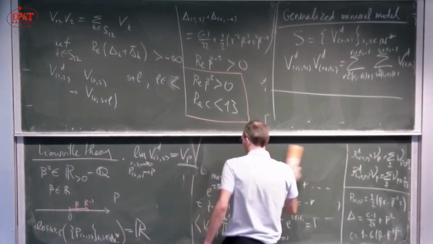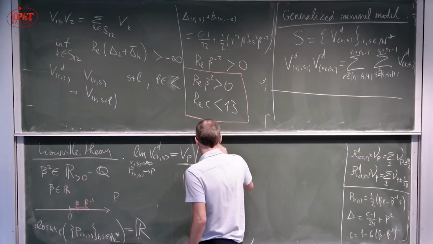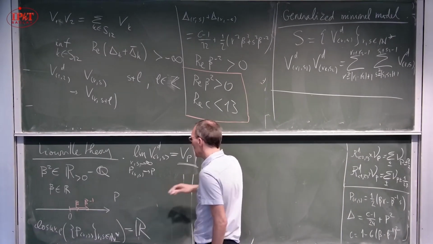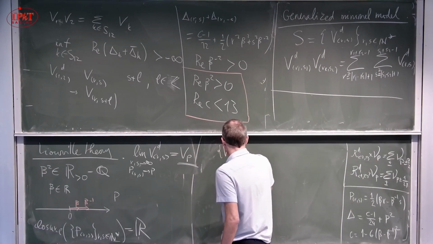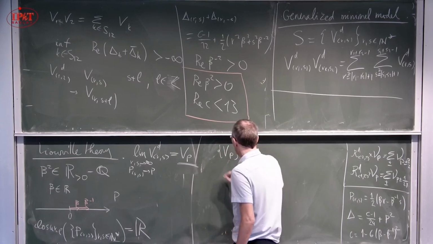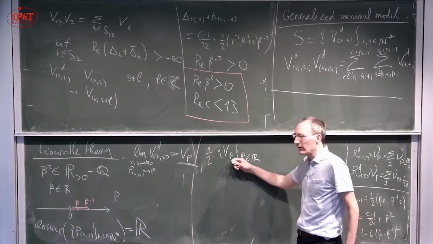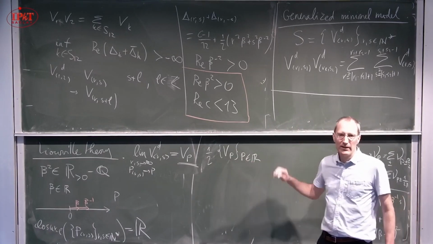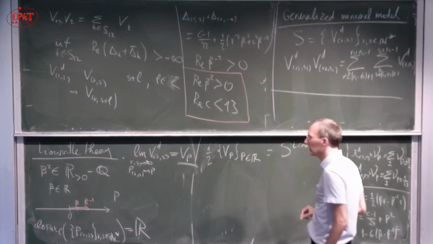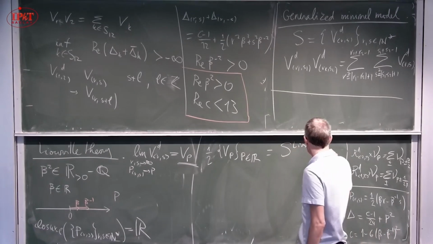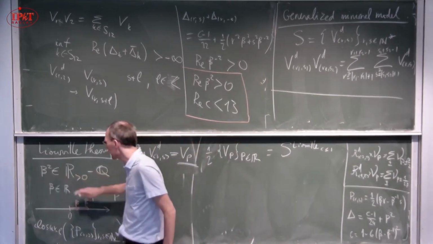So with this limit, the claim is that the limit of the spectrum gives me just the spectrum Vp for real P. So let me put a 1/2 here because of the redundancy between P and minus P. That would be the spectrum of Liouville theory, which for the moment has a central charge less than 1 because of this restriction.